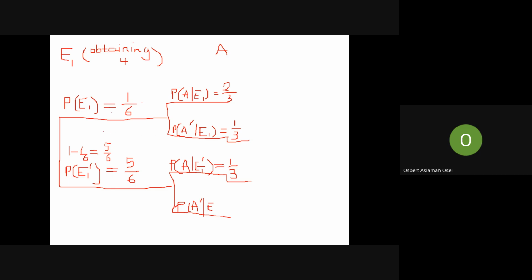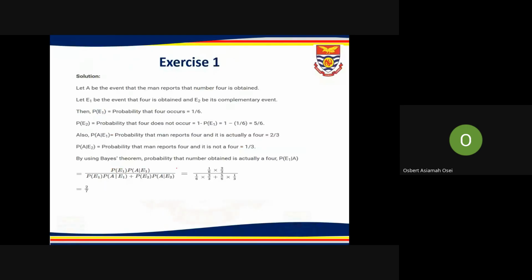So let's look at the essential part from the question. We will mainly focus on writing that he is actually speaking the truth that he has had 4.